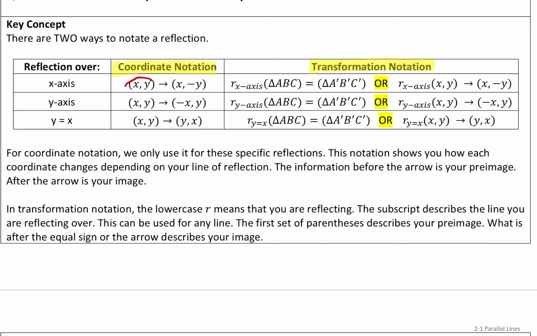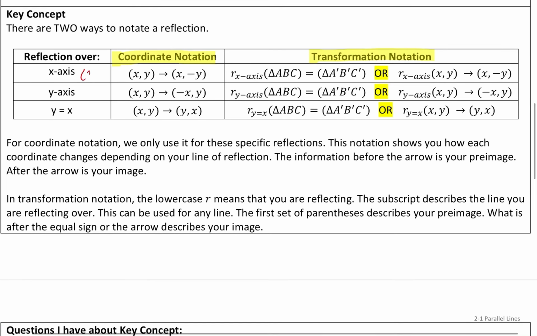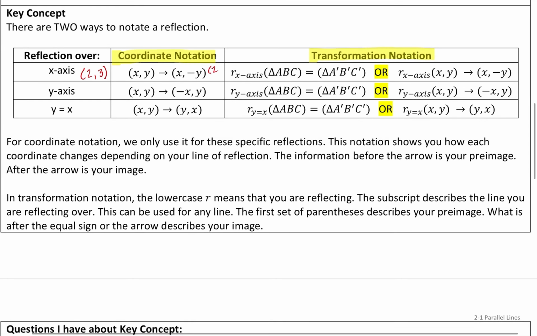So I start with (x, y), and then this tells me what (x, y) does. If I pick 2, 3 as a point to look at, and I'm reflecting over the x-axis, the x coordinate is going to stay the same, and I'm going to change the sign of my y coordinate. So if I take 2, 3 and reflect it over the x-axis, I'm going to get 2, -3.